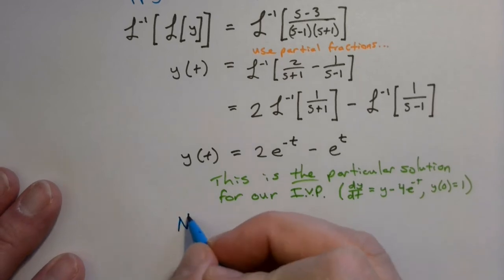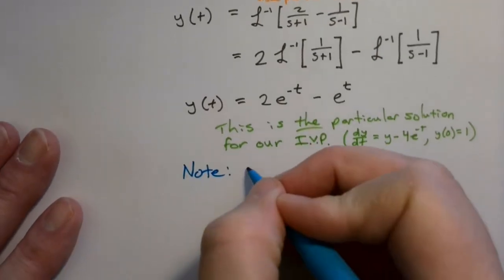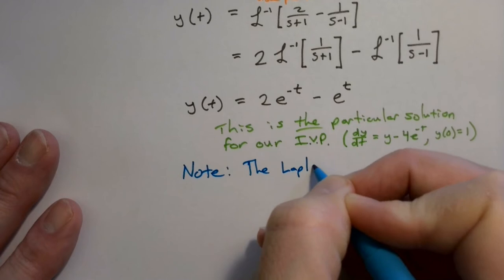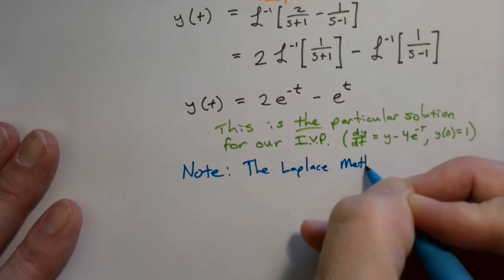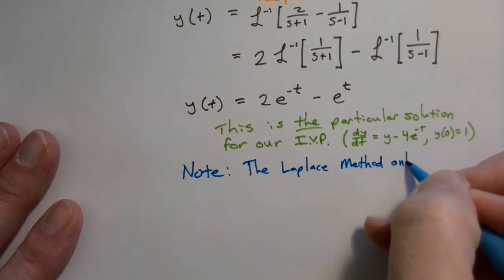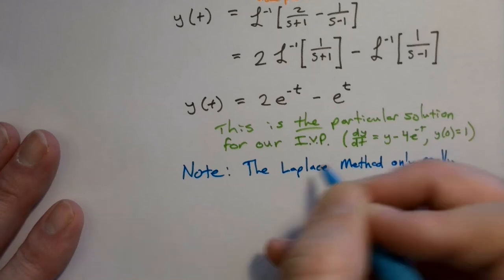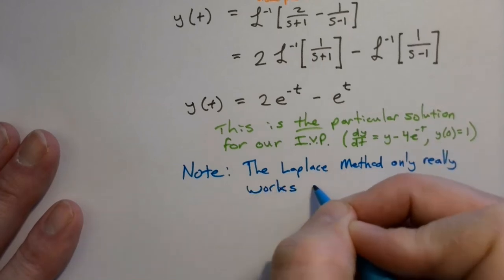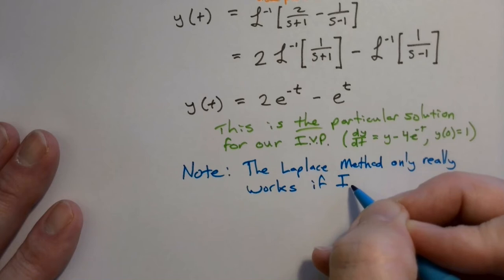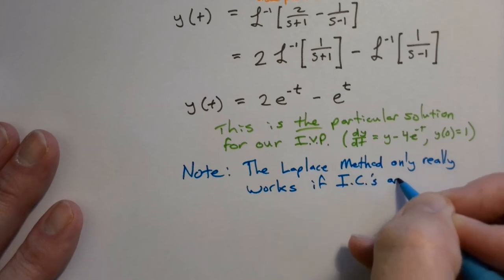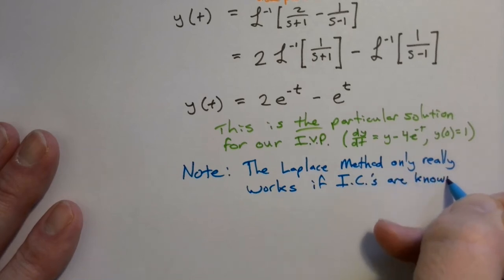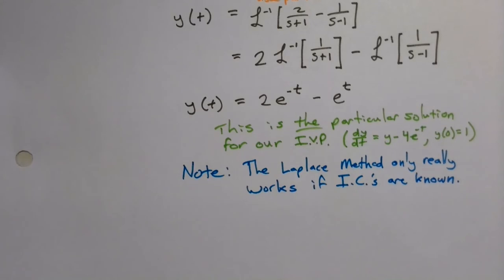So note, I'm going to make a little note down underneath here: the Laplace method only really works if initial conditions are known. If you don't know the initial conditions for your situation, then the Laplace method is going to be kind of stuck.